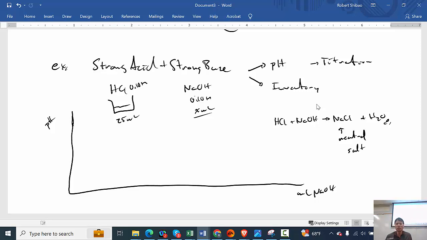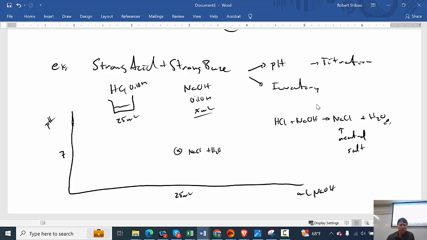Sodium ions don't hydrolyze, chloride ions don't hydrolyze, so the pH just stays 7. And so when we completely neutralize this, the pH should be 7, so we'll put the pH 7 here. And how many milliliters will it take to neutralize it? It'll take 25 milliliters, because they're the same concentration. So we should hit the equivalence point at pH 7. This is just sodium chloride, salt, and water. That's what forms here.